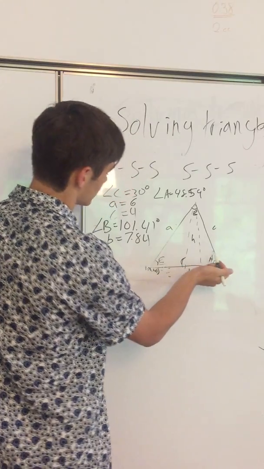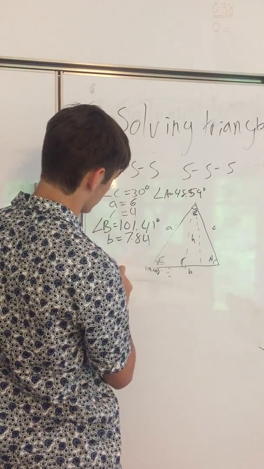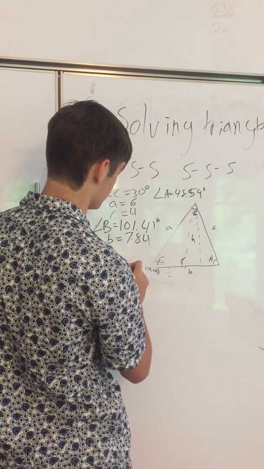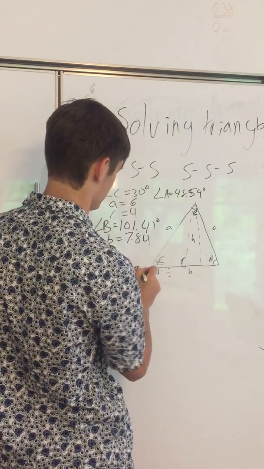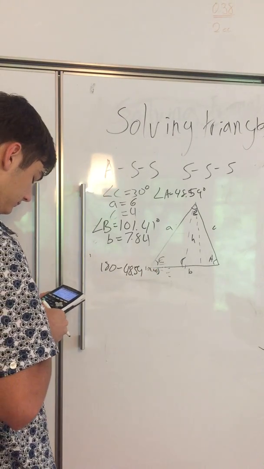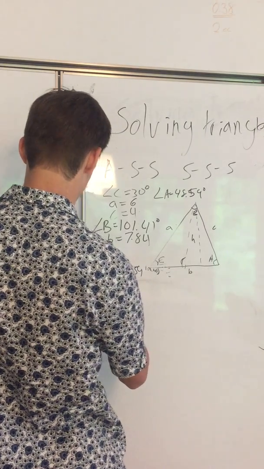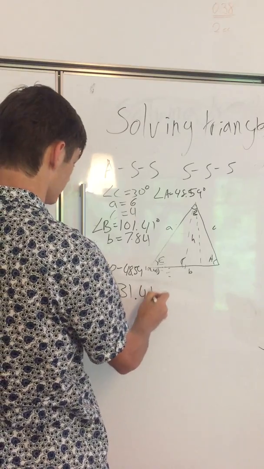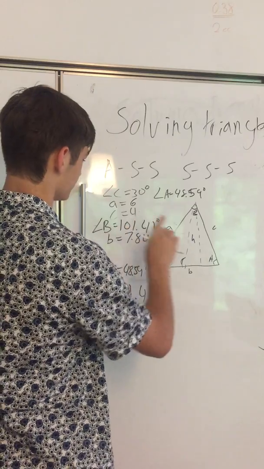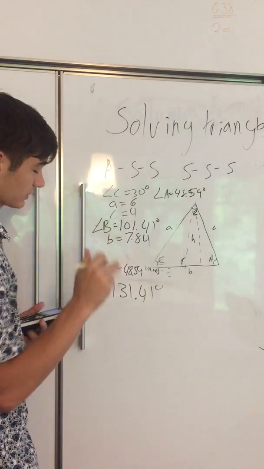So to do this, you just have to subtract 48.59 from 180, and there you get 131.41 degrees, so that's your new angle A for your second triangle.